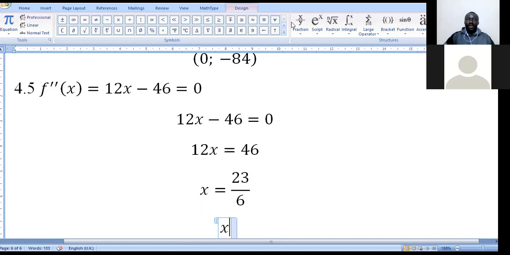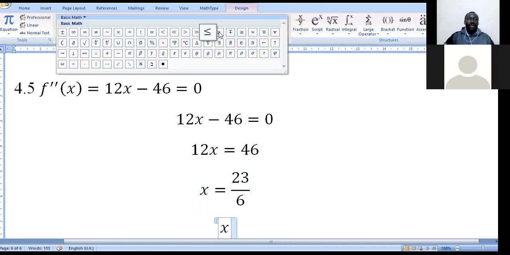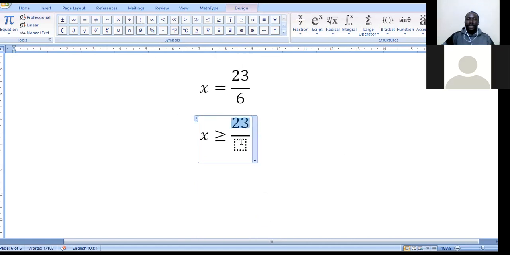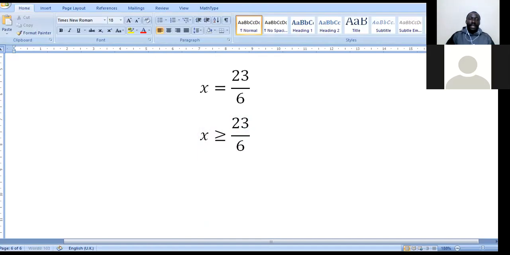It starts from this and it will be concave up. So we put this starting from 23 over 6. Yes, that's what we have got. That is the value of x for which the function will be concave up.